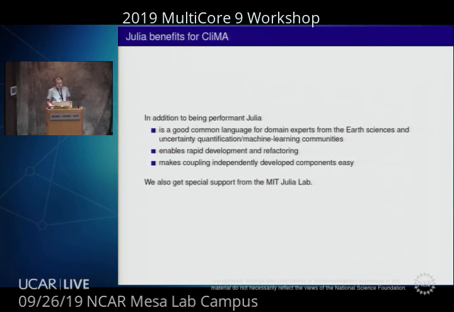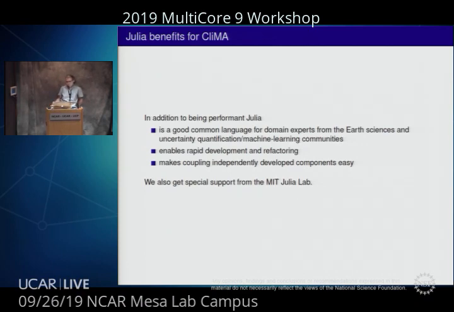We are building a new climate model, so speed of development is very important to us, and the ability to refactor the code quickly, especially since we want to try different ideas with this uncertainty quantification machine learning approach.